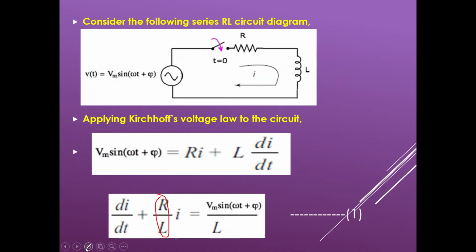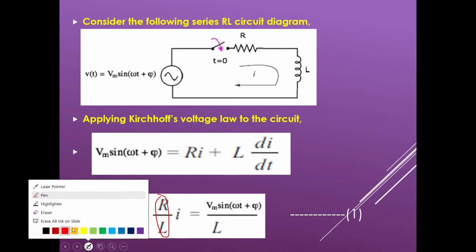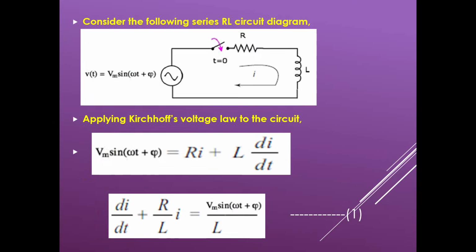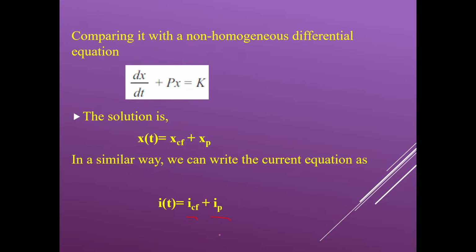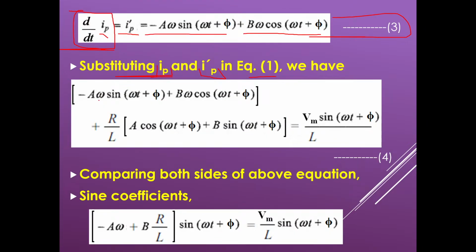This is our equation 1: d/dt of i plus R by L times i equals V_m sin(ωt + φ) by L. Just now we have determined d/dt of i_p, and we already have an expression for i_p. So you just substitute i_p and d/dt of i_p in this equation 1, and you will get this one.